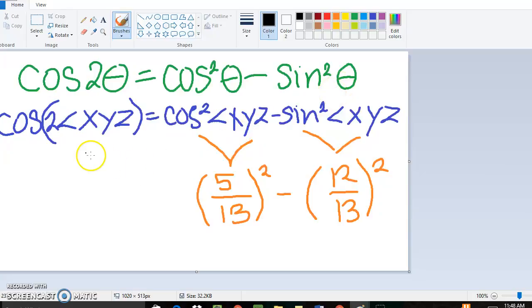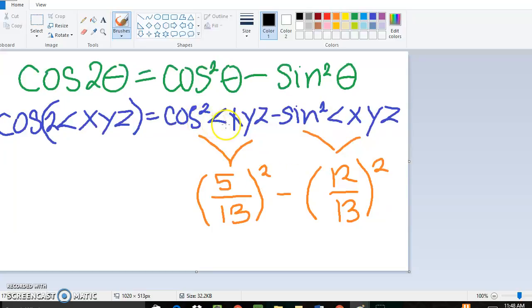Now we have to apply the formula to our question, which is cosine of 2 times angle XYZ equals cosine of angle XYZ squared minus sine of angle XYZ squared. So this is our equation that we have to solve in order to solve the question.